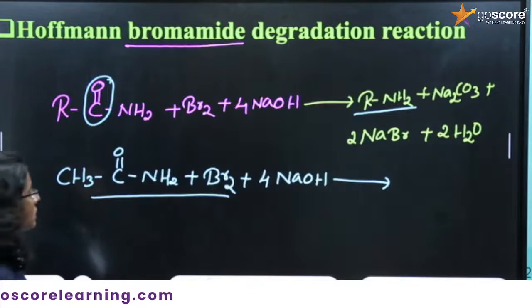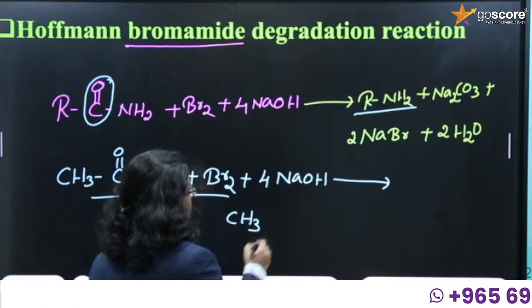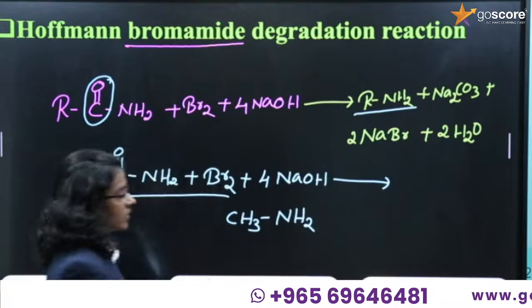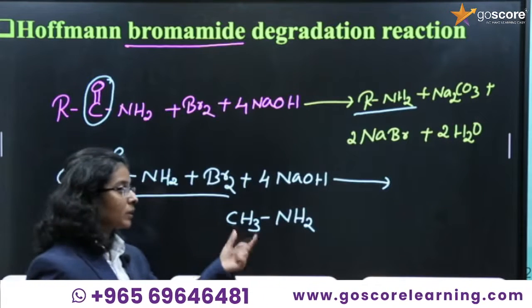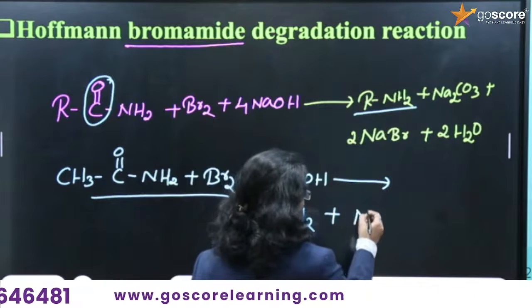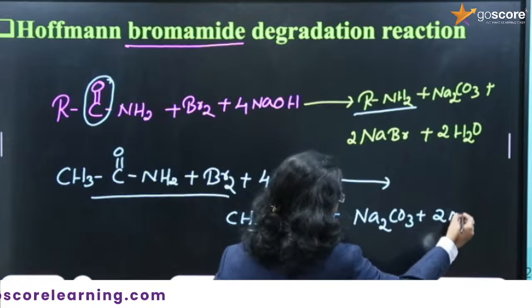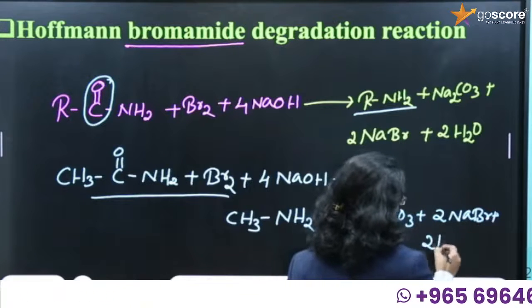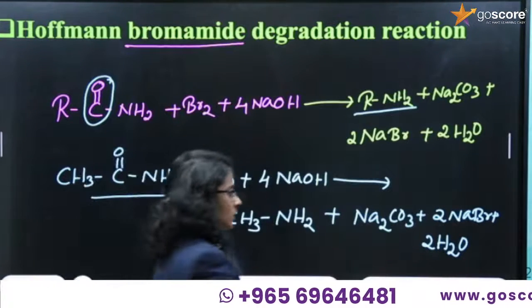So the product will be CH3 NH2. If you are taking ethanamide, you will get the product methanamine plus Na2CO3 plus 2NaBr plus 2H2O. Is it clear? Okay.